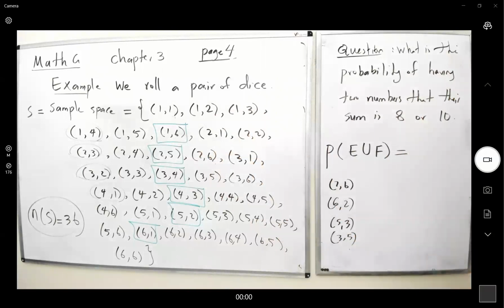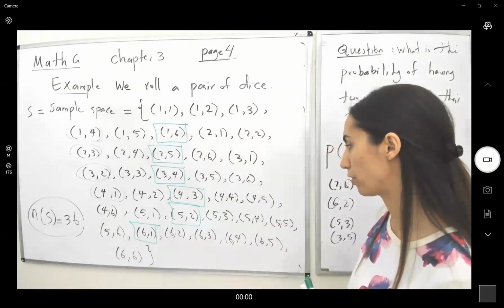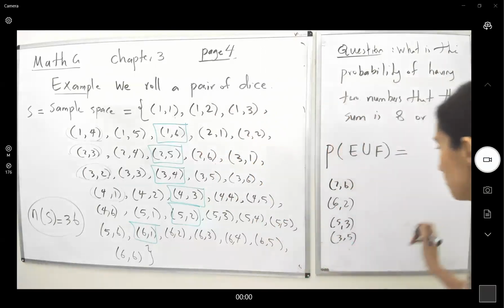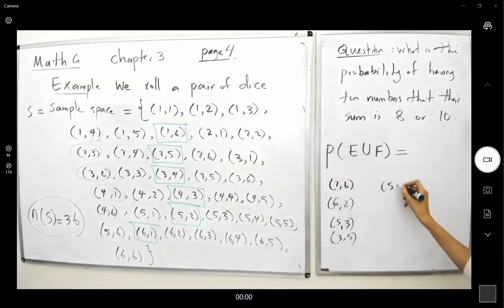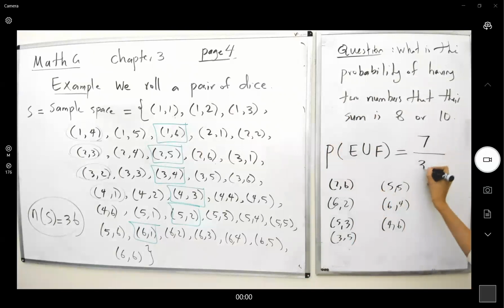So the sum is equal to 8. What about the sum is equal to 10? So the sum equals 10, you're actually working with 5 and 5, 6 and 4, 4 and 6. So here you have 1, 2, 3, 4, 5, 6, 7, 7 out of 36.